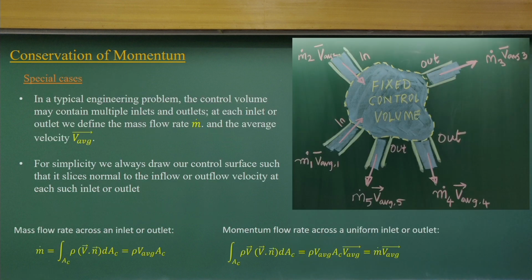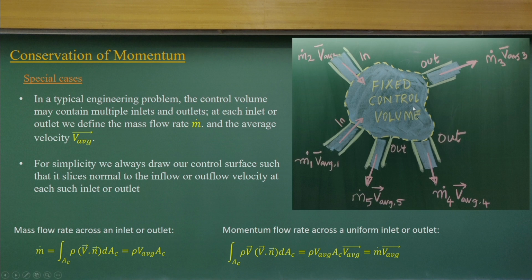Now, let us consider a special case. Many times in industry, if you look at their networks of pipes connected to tanks, similarly there will be a series of inflows and a series of outflows. If you have this type of concept, this is a fixed control volume, with a series of inflows, like 1 and 2 are inflows and 3, 4, 5 are outflows.